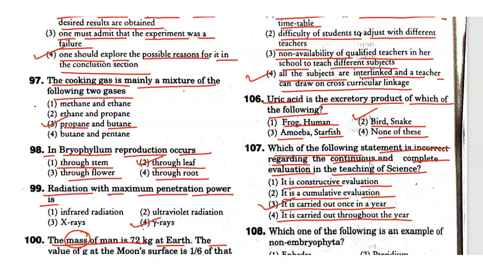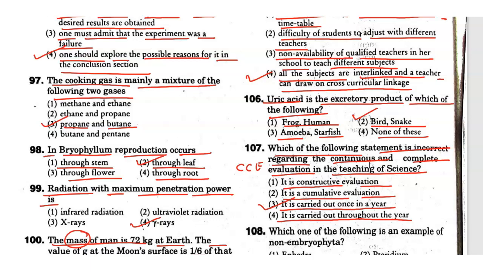It is carried out once a year. So basically, continuous and comprehensive evaluation, that is CCE. CCE is a continuous and cyclic process of teaching. So the correct answer is option third.